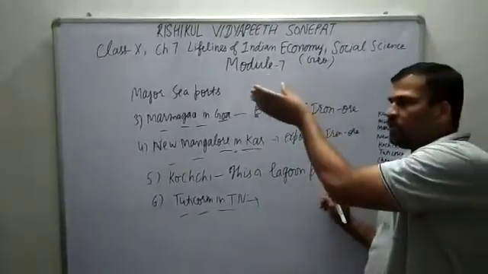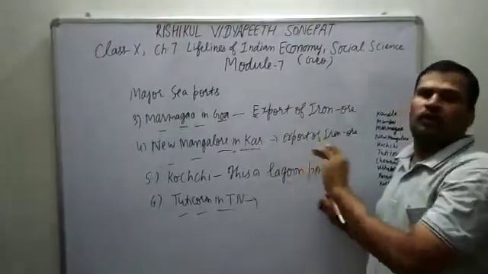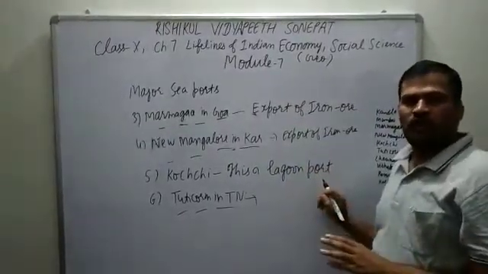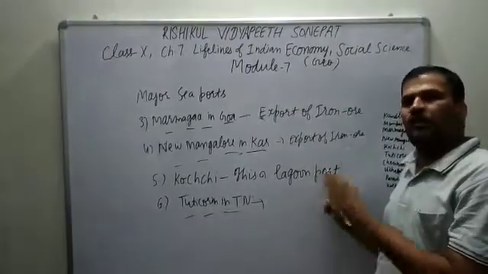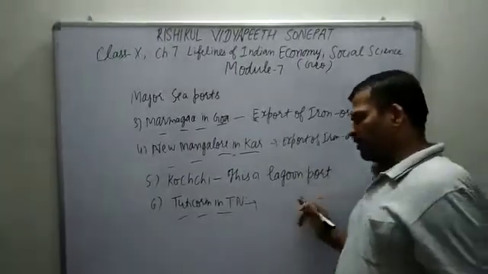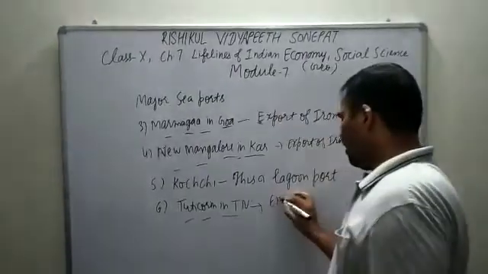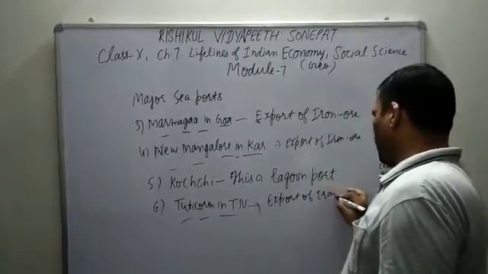So these seaports are very important for the development of the nation. All the bulkiest products can be sent very easily from one place to another and even to other parts of the world. It is also for export of iron ore. So these were important ones.